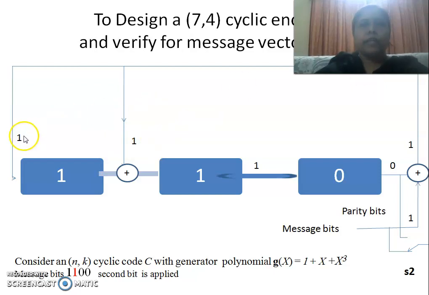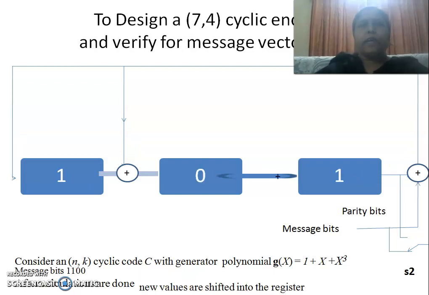So this 1 acts as input to this register, and 1 exclusive OR with 1, that is 0, will be available as input to this one, and the output of this, that is 1, is available as input to this register. These values get shifted when we apply the clock pulse, and the shifted values are seen here.